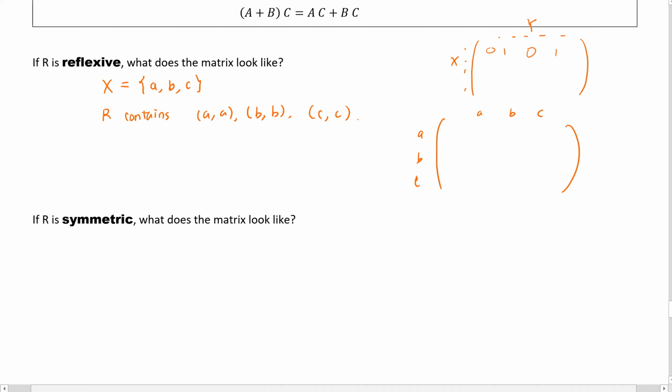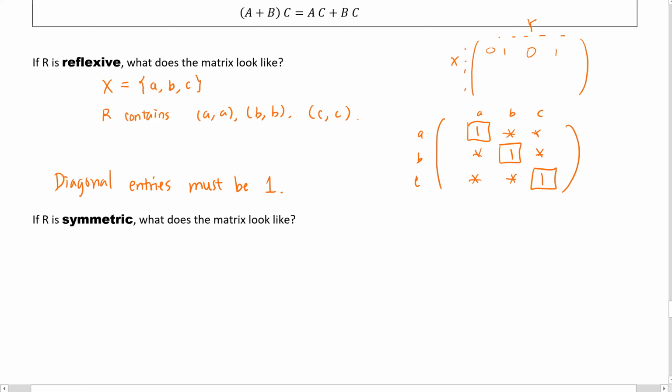It doesn't matter. So AA, BB is here, CC is there. The other entries we don't know, maybe 0, or if we have a relation there, then it's 1. But we're sure that the diagonal entries must be 1. So to be reflexive, the diagonal elements must be 1.